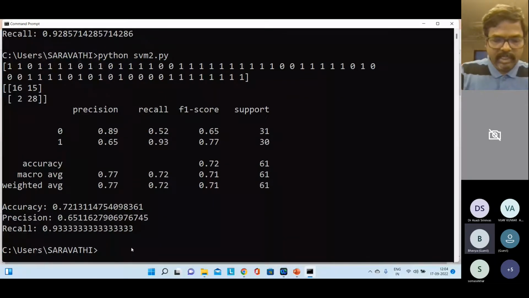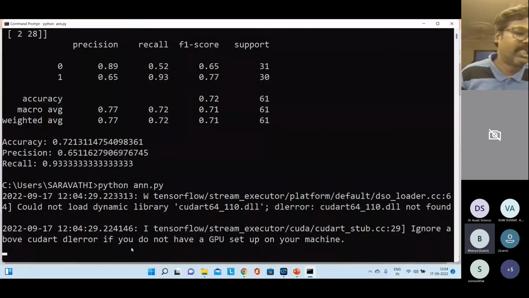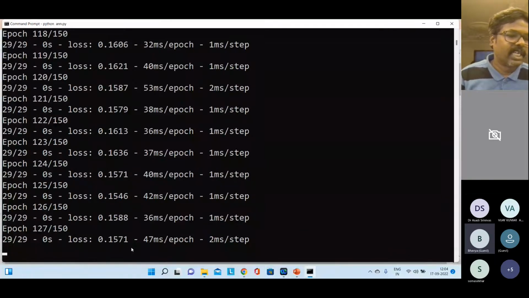See, I am going to execute Python ANN, artificial neural networks application. See here, I have taken a health data set as an input to the system. Now I am executing the artificial neural networks application. See, my application is running.